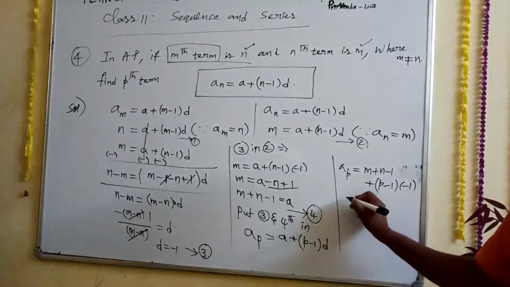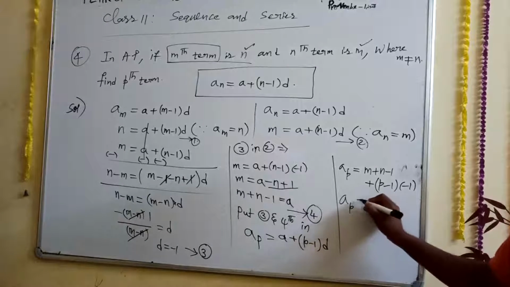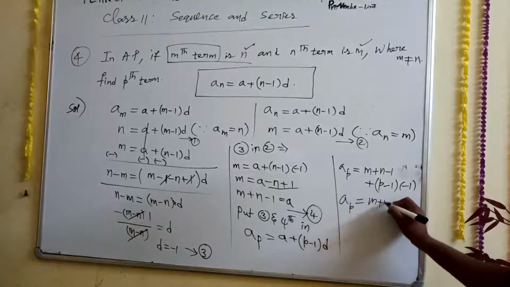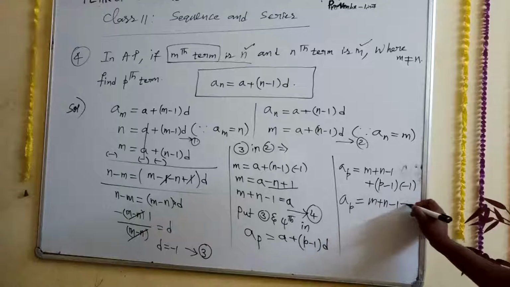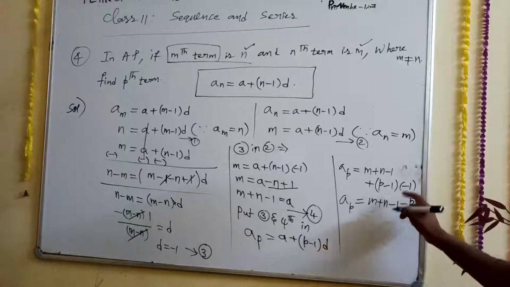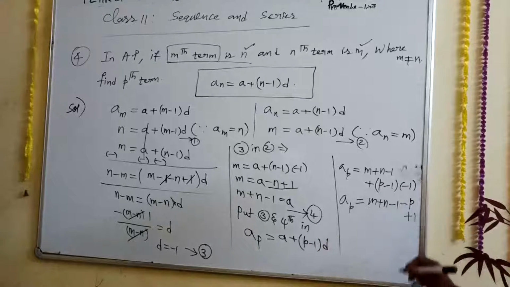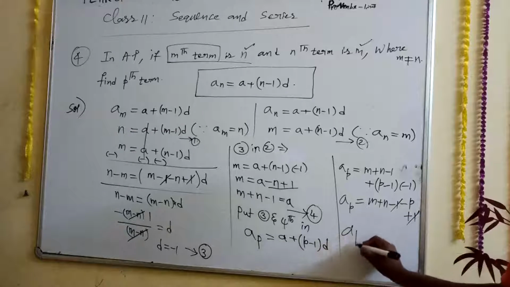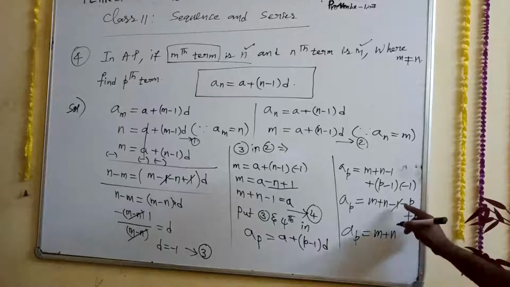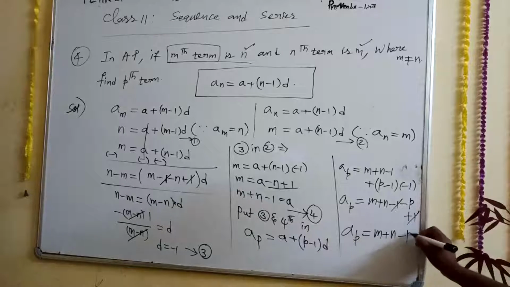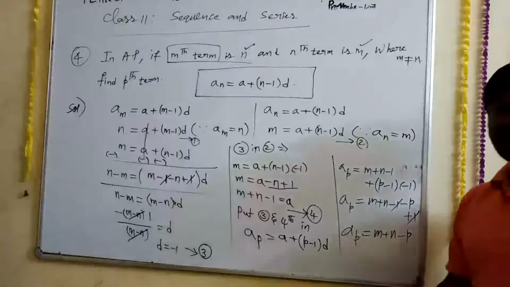So now this pth term is equal to m plus n minus 1, now minus 1 into p, minus into minus is plus 1. So plus 1 and minus 1 get cancelled. So pth term is equal to m plus n, and what is left here? Minus p. I hope you all understood this.